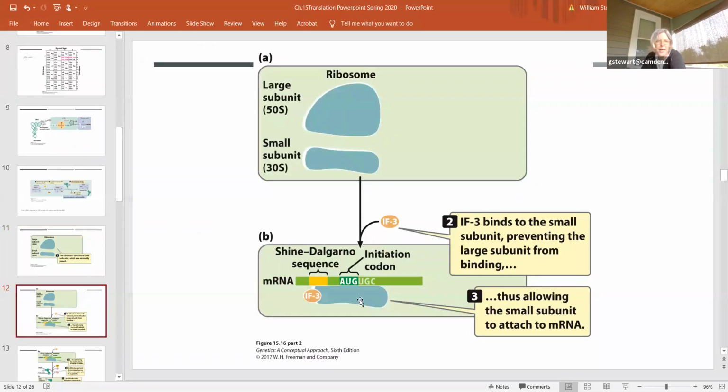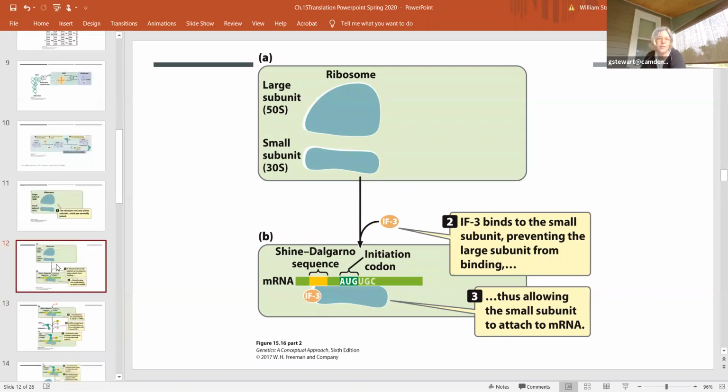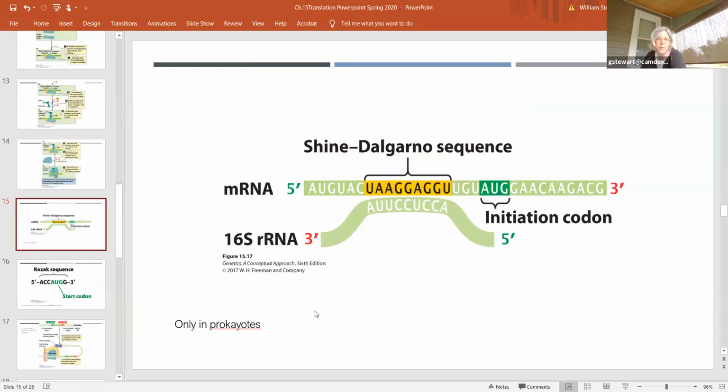What helps orient the messenger RNA correctly into the small subunit, or helps the message bind to the small subunit of the ribosome, is this particular sequence. It's called the Shine-Dalgarno sequence, and I'll blow it up for you here. It actually binds to the 16S ribosomal RNA, which you might remember is part of the small subunit of the ribosome. We talked about that very briefly last time.